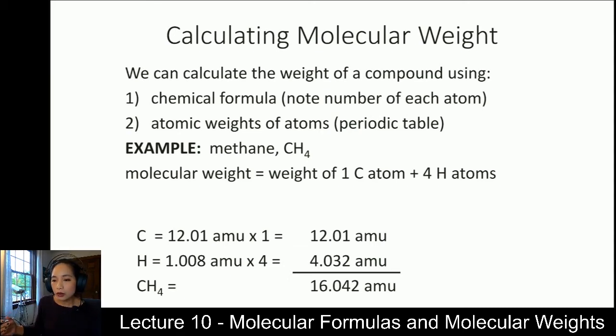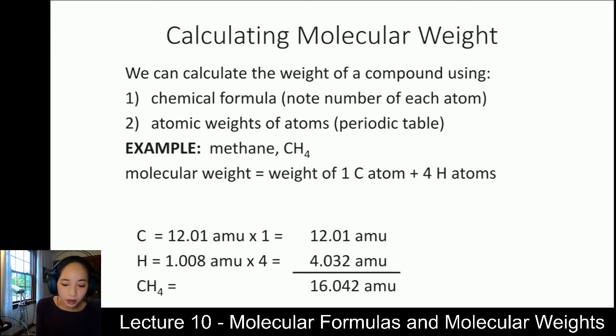But now, when we look at a molecule, we're looking at a collection of atoms that have subscripts associated with them. So to get the molecular weight of a compound, you need to first know the chemical formula and take note of the number of each atom. So you have to understand those subscripts. And then you also need the atomic weights of each of the atoms. And you just get that right off of the periodic table.